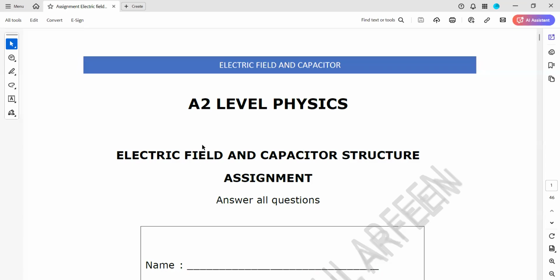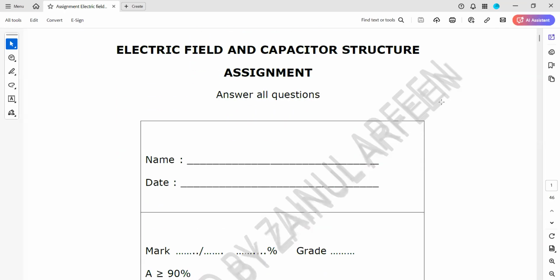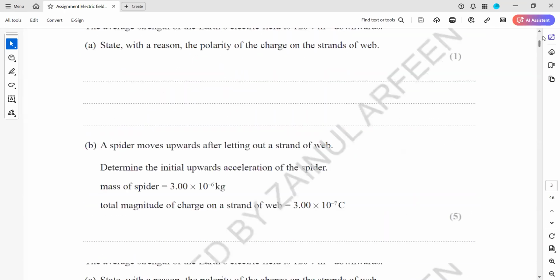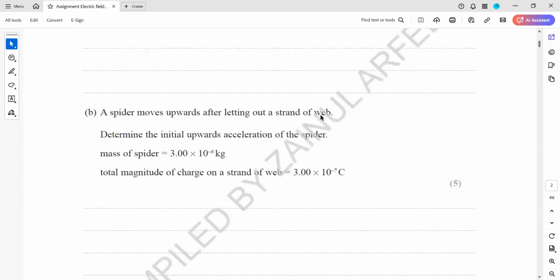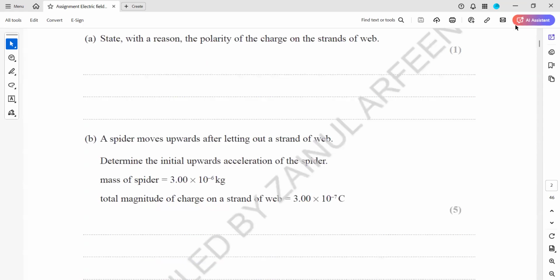So this exercise is related to electric field and the capacitor structure questions. Either the structure question related to the exercise. About 16 questions I have already discussed.